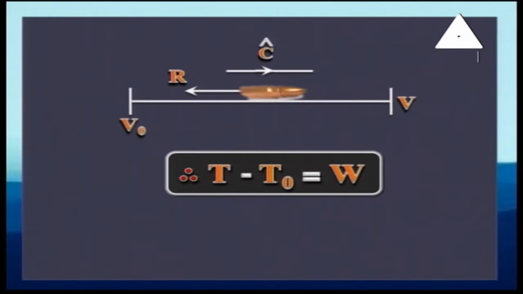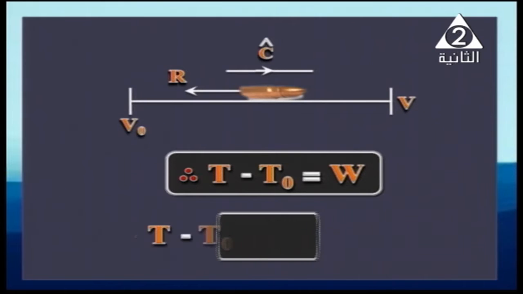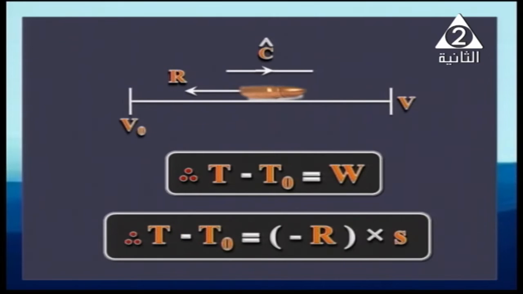T minus T naught equals W. What is the W? In this case, my dear student, we have a force as resistance. Resistance to motion equals negative R times S. This is the work done. Then T minus T naught equals negative R times S.